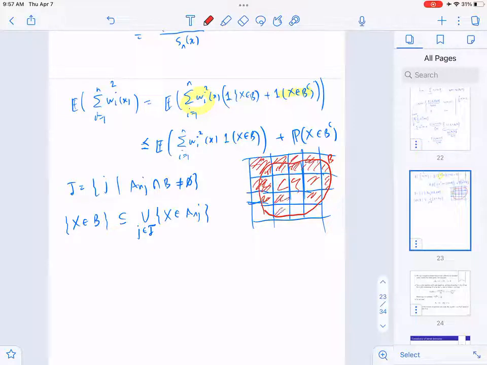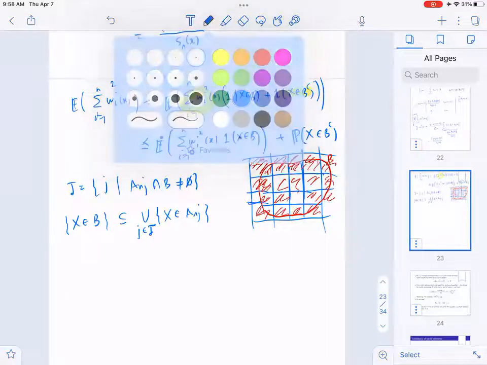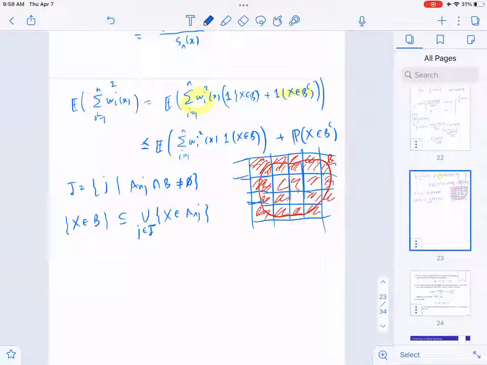All these cells have a non-empty intersection, and other cells outside we don't care about. The red ones are the J indices, they intersect. So if X is in B, because this covers B, it has to be in one of these red cells, so it belongs to this union.